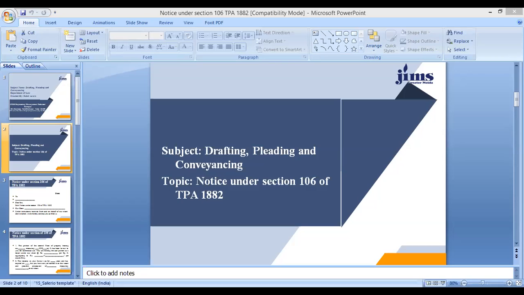So, my dear students, from this we may infer that the following essentials need to be looked into while drafting a notice under Section 106. First, you have to look at whether the lease is for agricultural purpose, manufacturing purpose, or any other purpose. Further, the lease must be of an immovable property only.